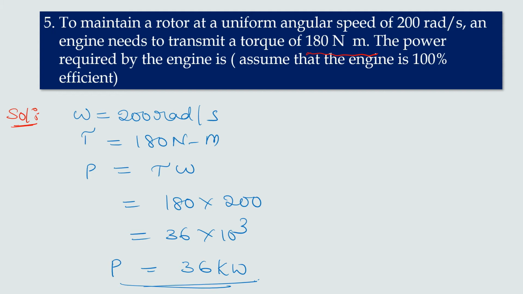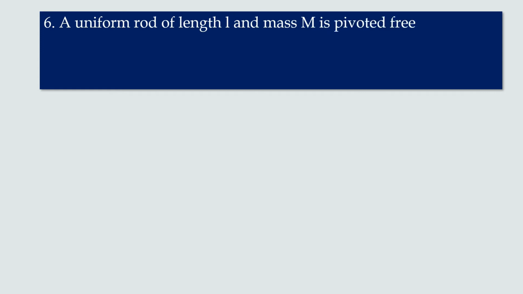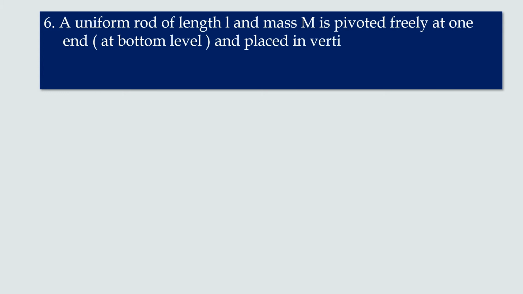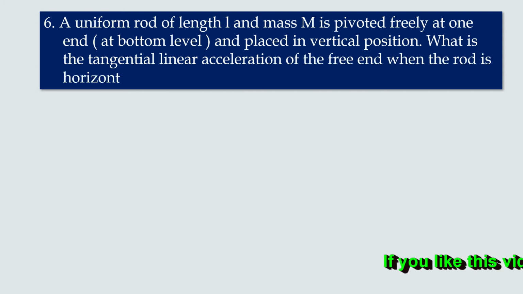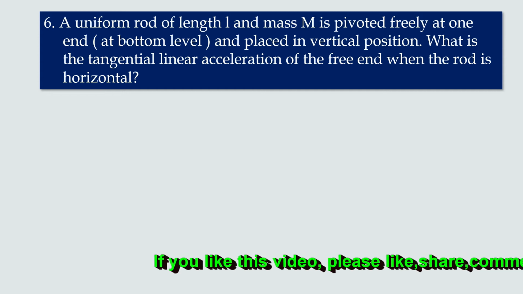Okay, next we will go to the next. A uniform rod of length L and mass M is pivoted freely at one end at bottom level and placed in vertical position. What is the tangential linear acceleration of the free end when the rod is horizontal?